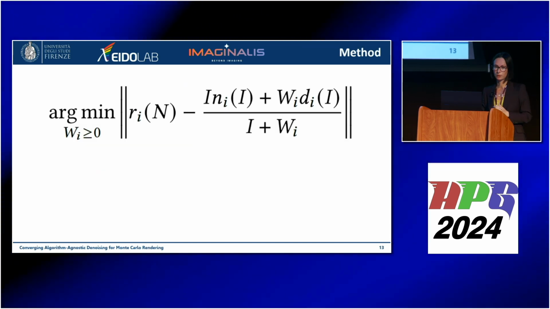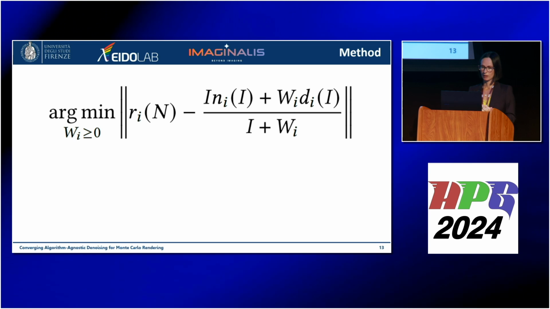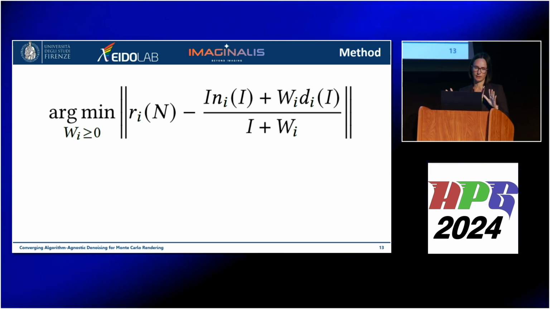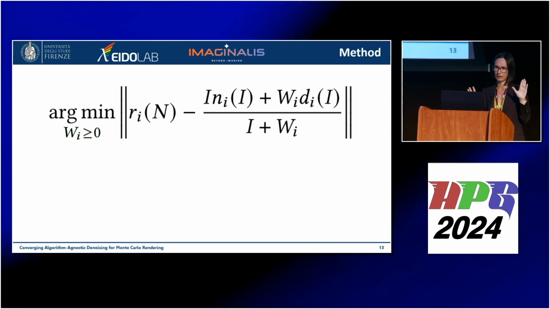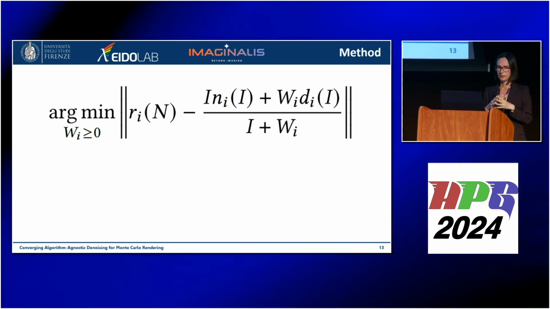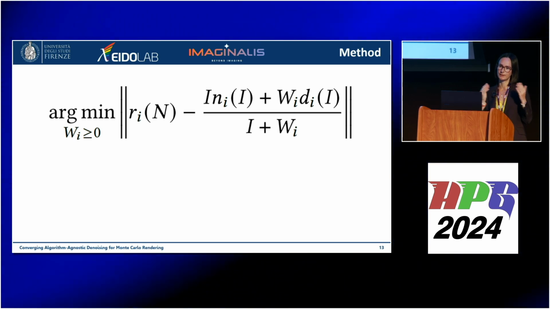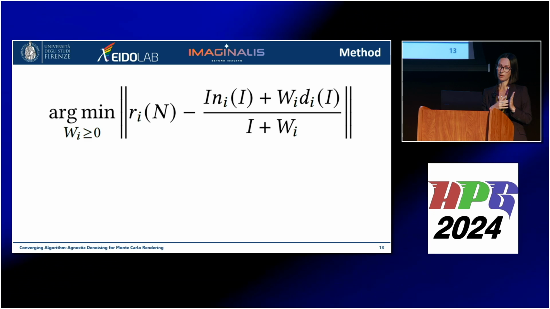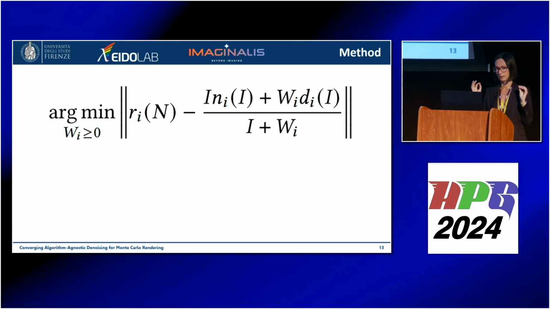So let's consider the following optimization problem. What we want to do is to blend noisy pixel n with its denoised counterpart d, so that the difference between the result and the reference pixel r is as small as possible.